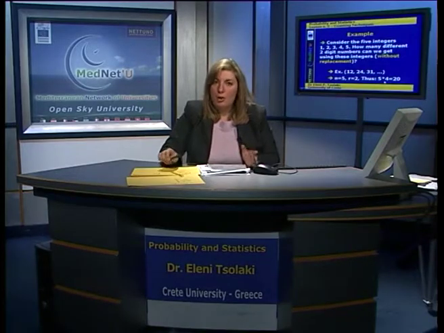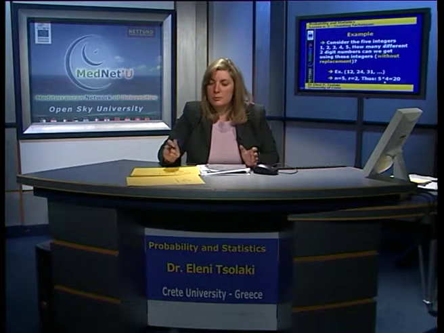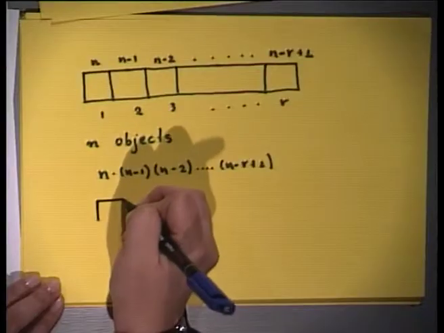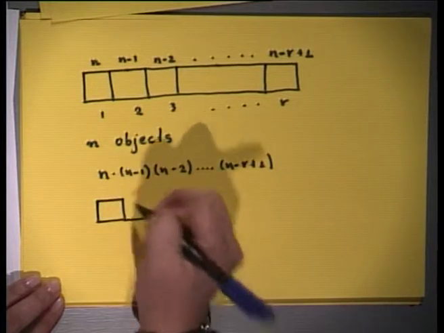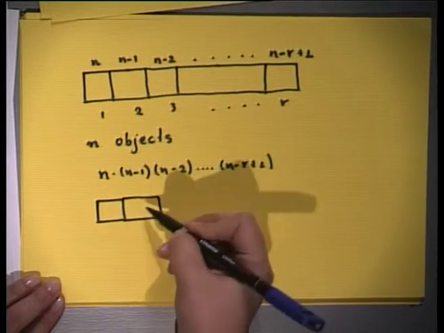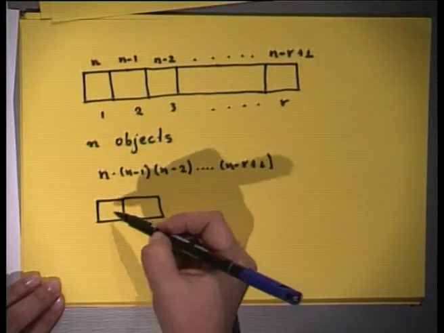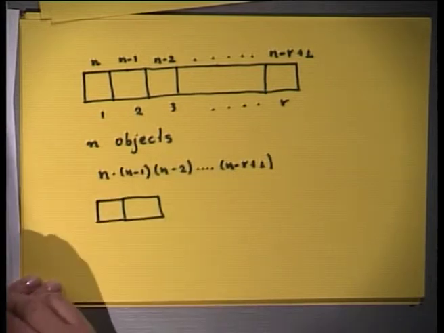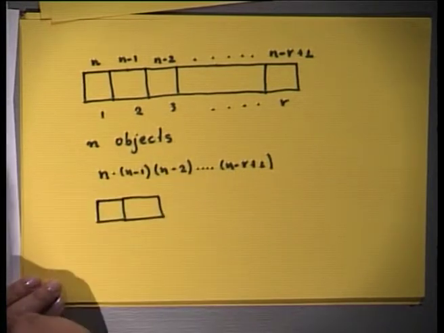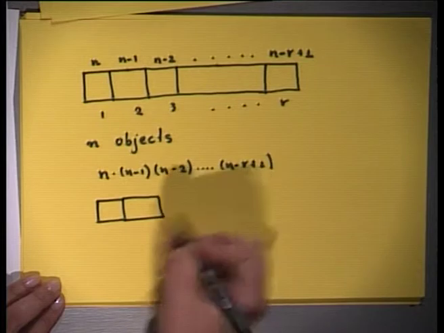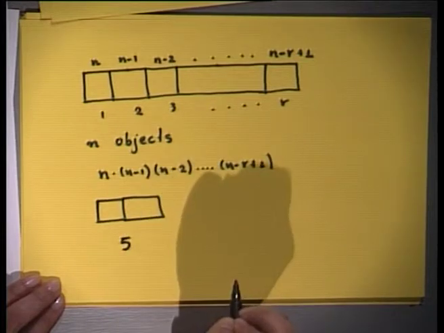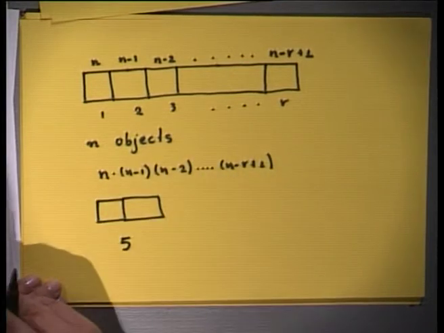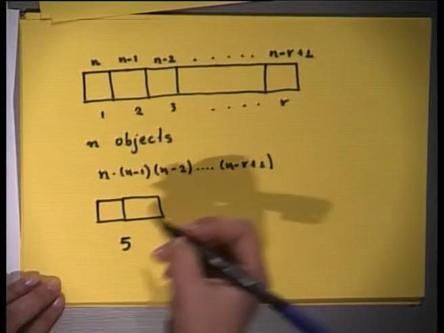If we draw this using our boxes, we can understand that in this case we only have 2 boxes to be filled in, each one representing a digit in the 2-digit number, and we have 5 integers from which we can pick a number.